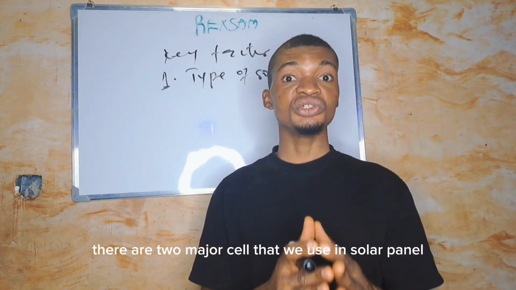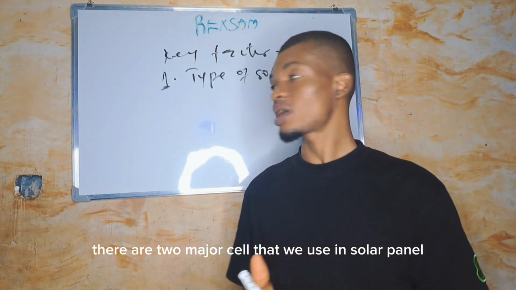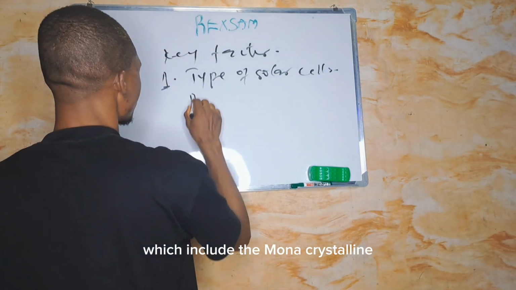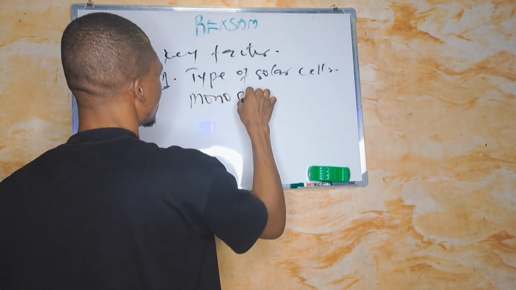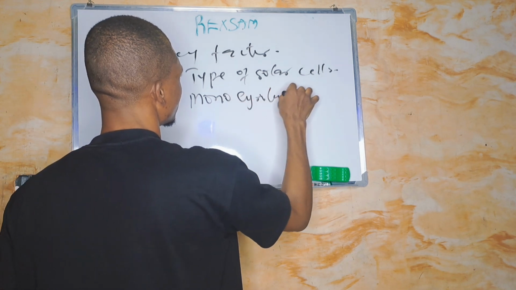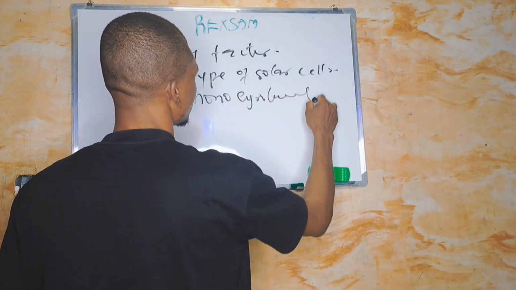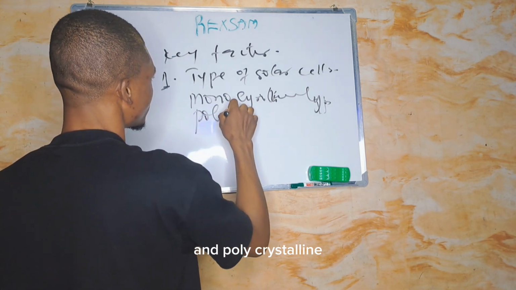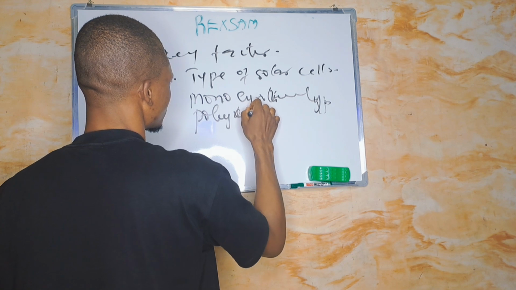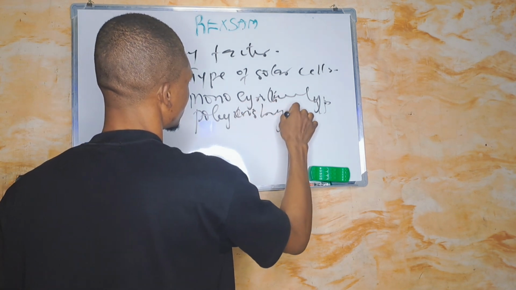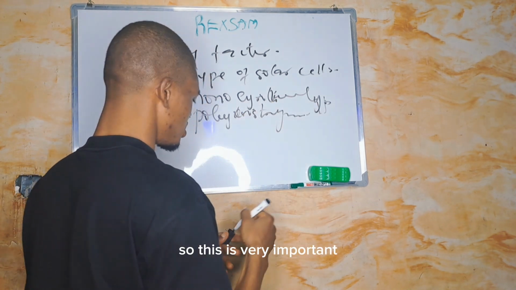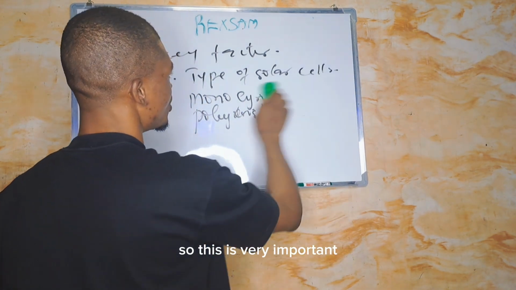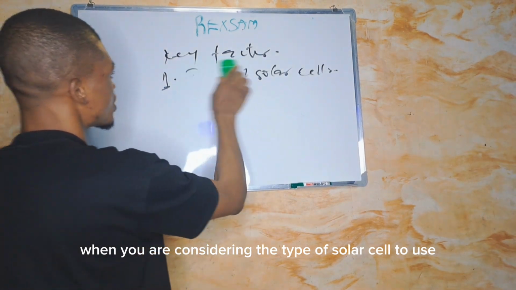And there are two major cells that we use in solar panel, which include the monocrystalline and polycrystalline. So this is very important when you are considering the type of solar cell to use.